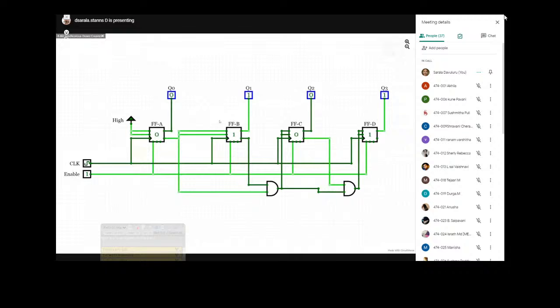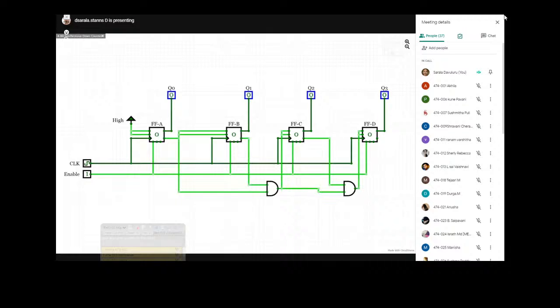This is 9. When you see it changing, it's counting. It will count up to 9. 1 0 1 0 is 10. So this is how you will be constructing these circuits.